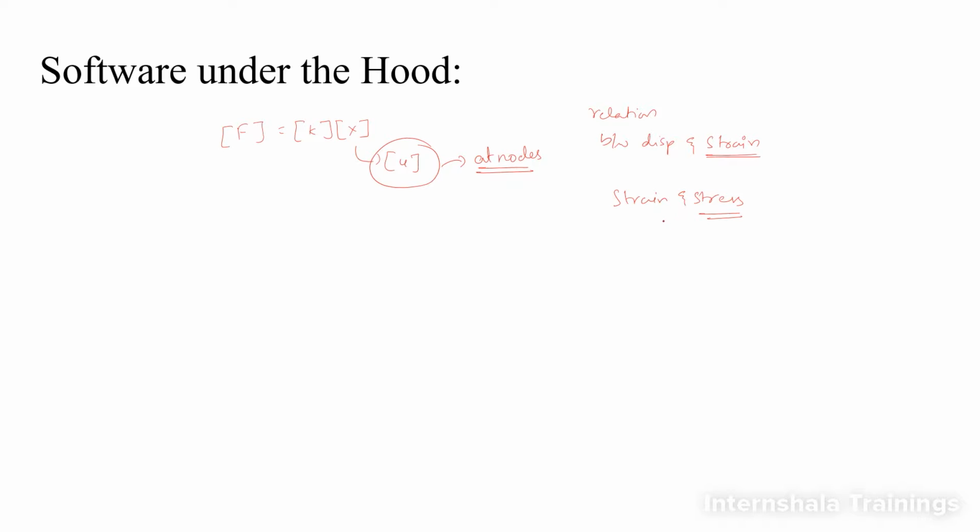Once it calculates all these things, it will ask the user for the output requirements: in which format do you want the stress value or strain value and other things. If I ask for contour plots, it will plot all the results in the form of contour plots. Or if I request any other specific results in different formats, it will create all those results for the user, right?